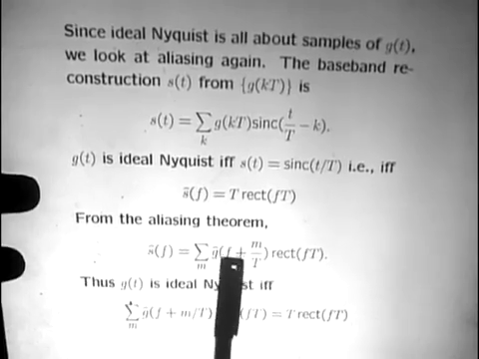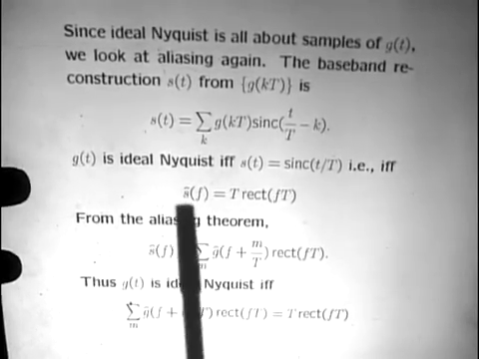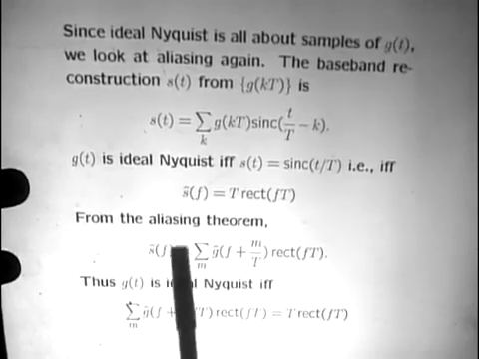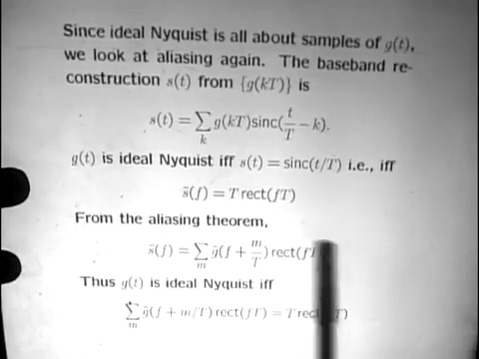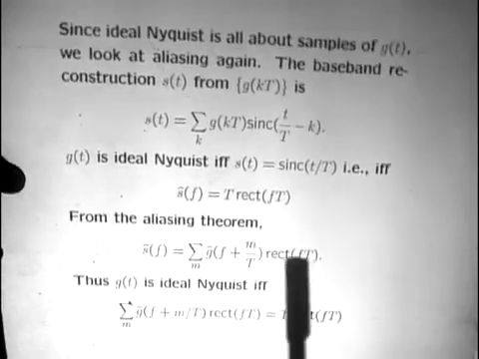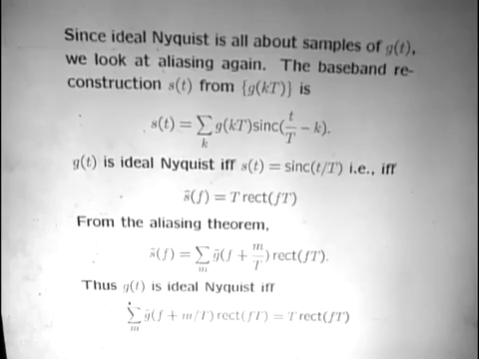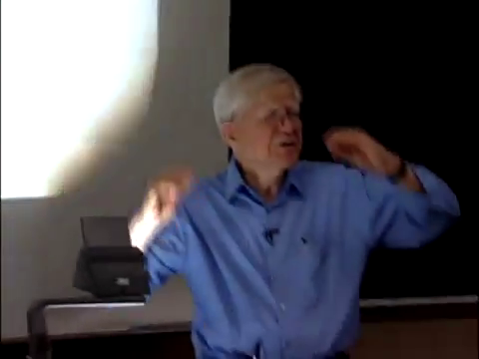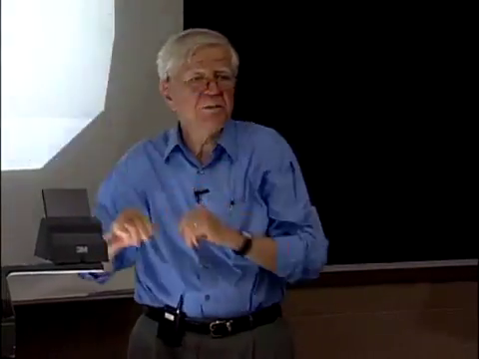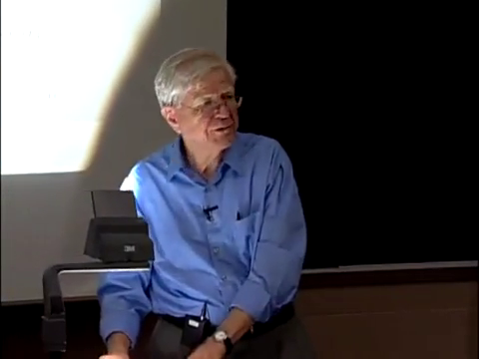The aliasing theorem then says that the Fourier transform of this low-pass representation has to be equal to the sum of different frequency terms. That's what aliasing says: this baseband representation is aliased into by all of these other frequency bands, and each of them comes in and adds to what you get in frequency here.